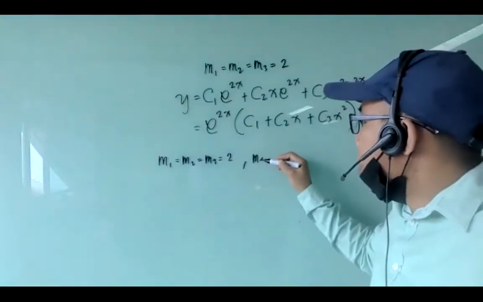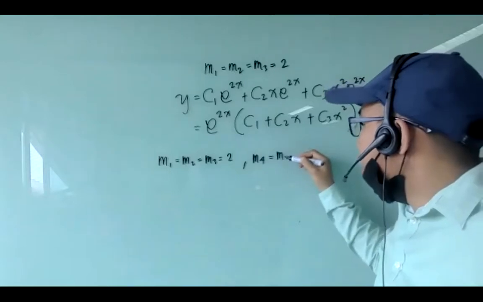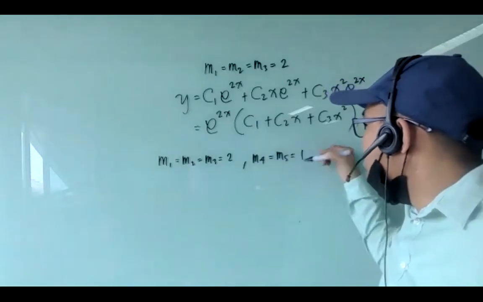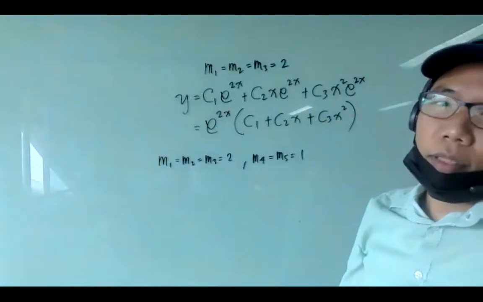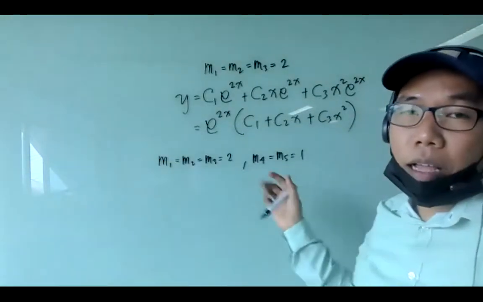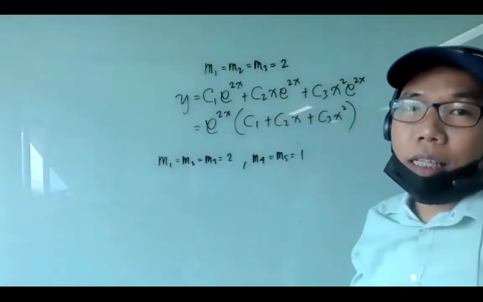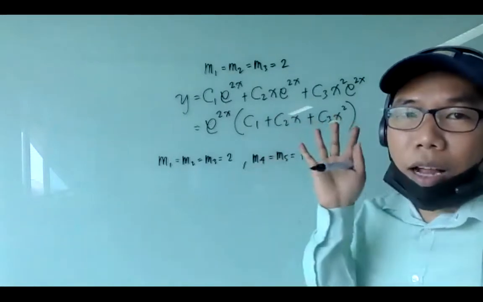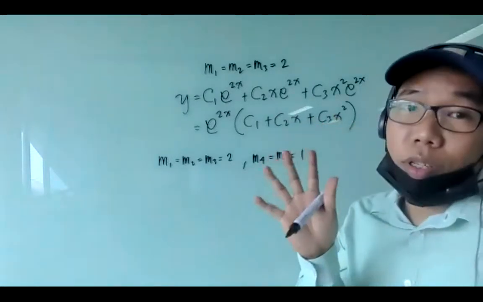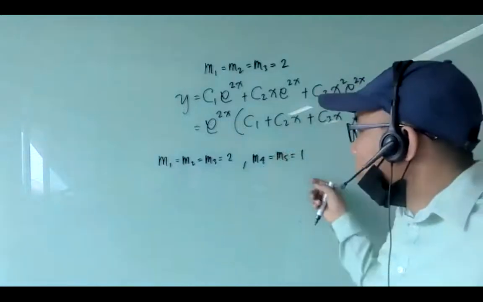Tapos yung m sub 4 mo, equal din sa m sub 5, which is, for example, 1. Tandaan na ito ay galing sa fifth order na DE. Fifth order, limang roots. Okay? At example lang to.